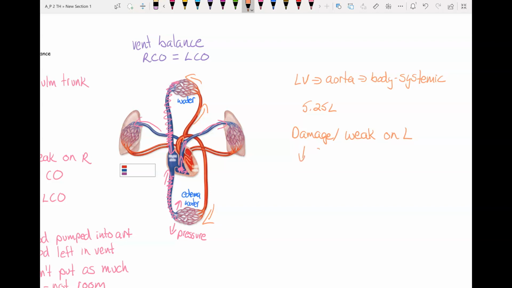So you're going to have a lower stroke volume on the left, and that lower stroke volume means you're going to have a higher end systolic volume on the left. Same idea as we just talked about. If less blood is being pumped out, more blood is left behind in the heart.